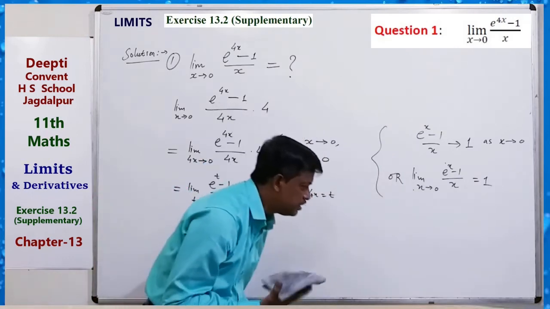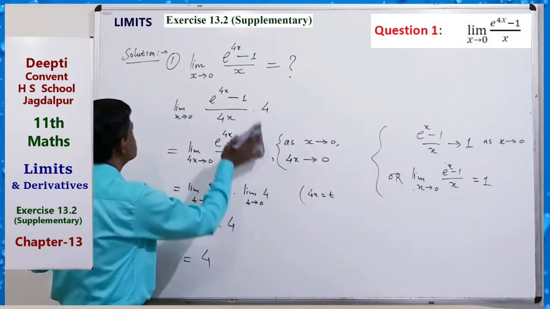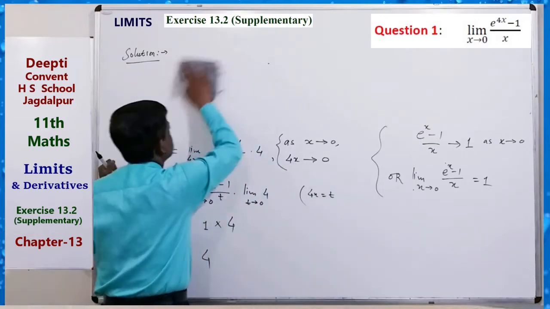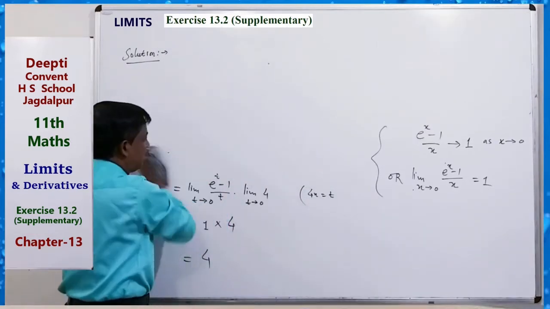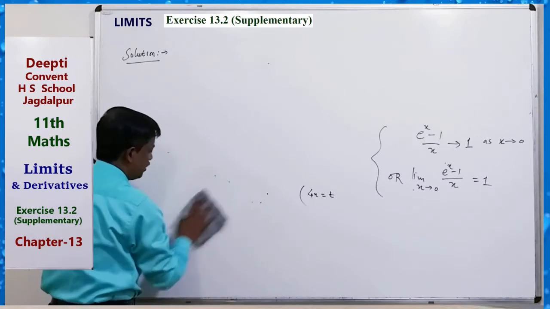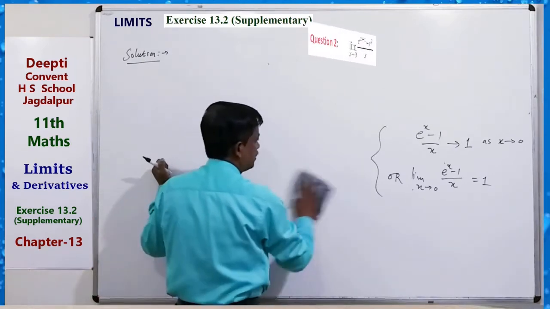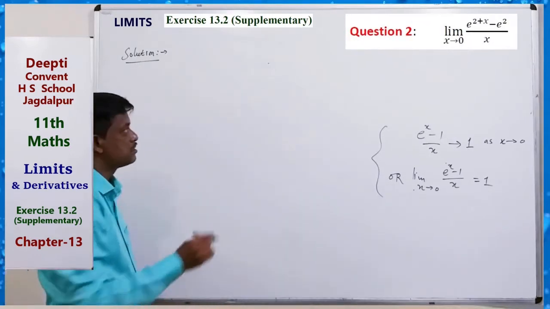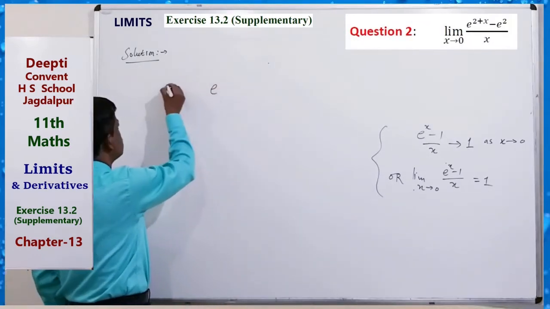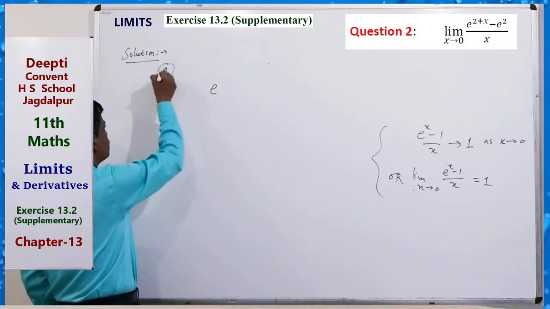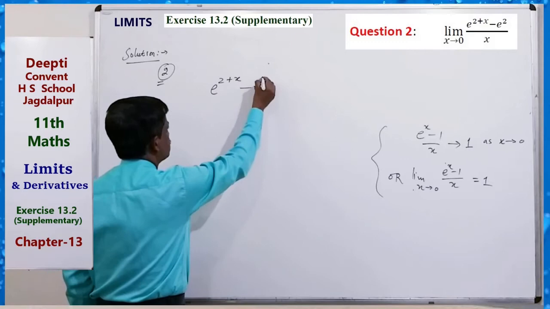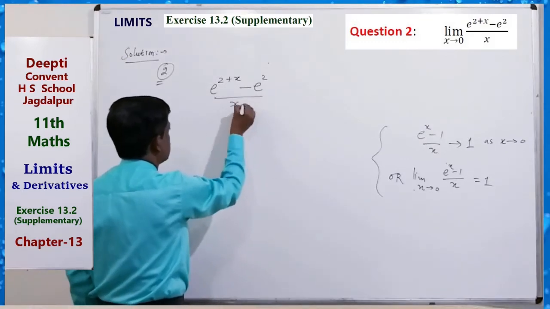Similarly, the second question of the supplementary exercise: how can you find the limit by using a standard formula here? The second question is limit x tending to 0 of (2 plus x minus e to the power 2) upon x.